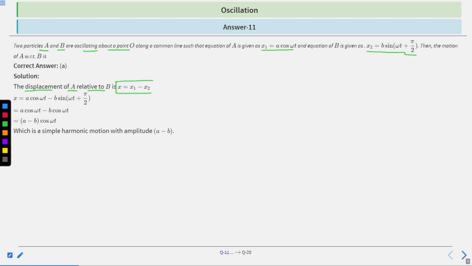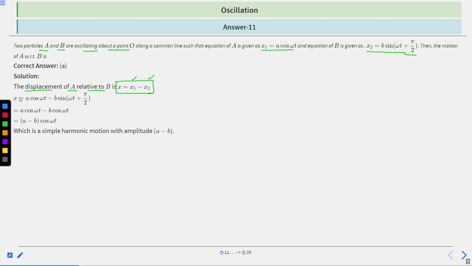Next, putting the values of x1 and x2 in this expression, where x1 is A cos omega t and x2 is B sin(omega t plus pi by 2).